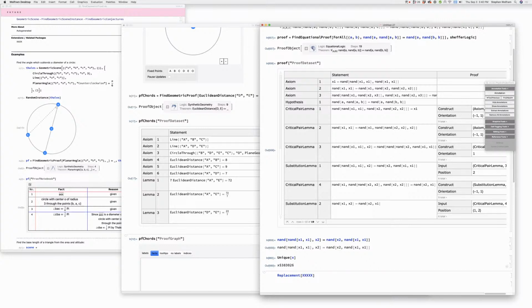For drawing the geometric scene, I have to generate variables, and I can't use unique because I need the generated parameters. If you run random instance on the same scene multiple times, it needs to have the same generated parameters. So I basically use capital C of and then a bunch of strings.